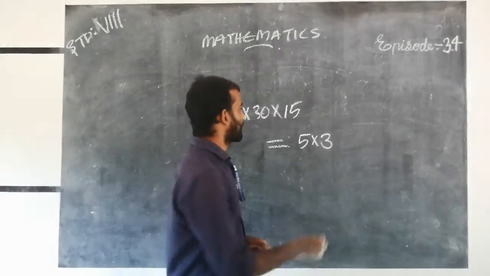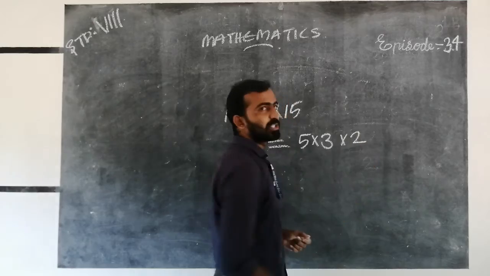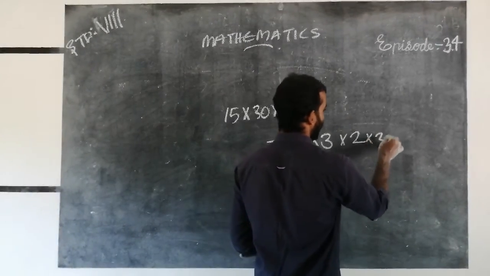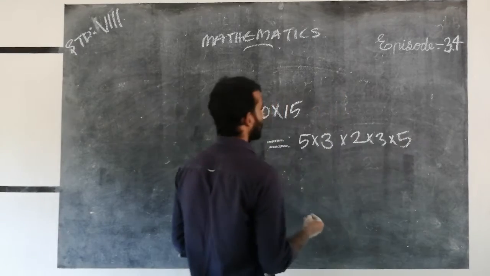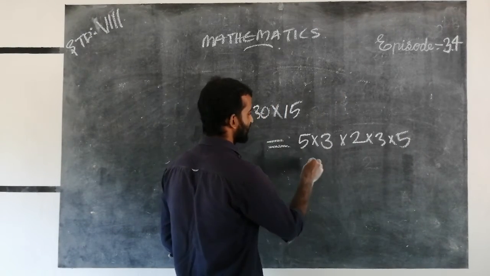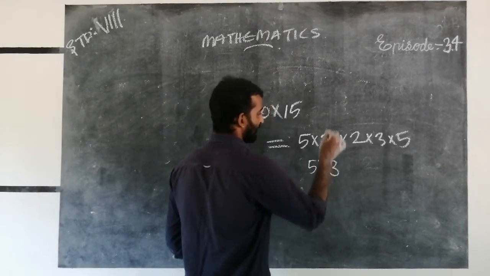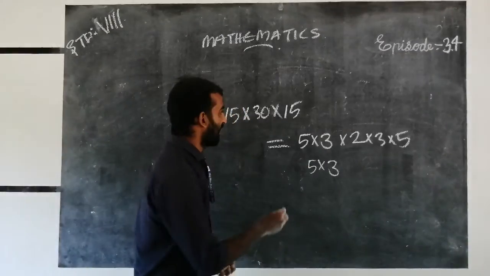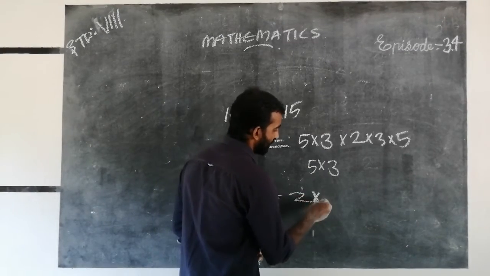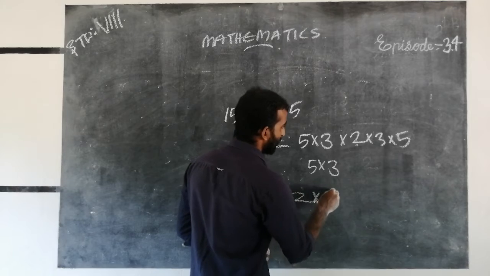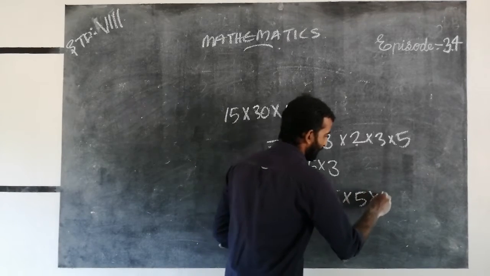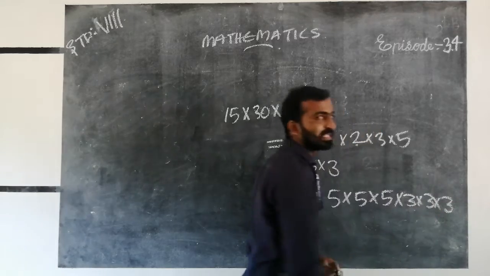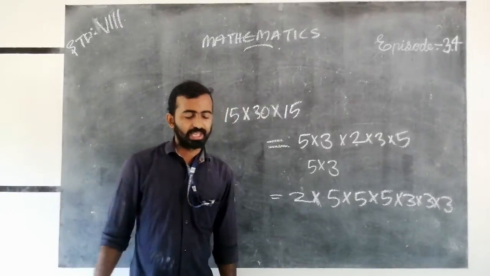And next, we split 30 as 2 into 3 into 5. And next is 15. Also we can write it as 5 into 3. Is it? Yes. That is, here we can write it as 2 into 5 into 5 into 5 into 3 into 3 into 3. Is it right?